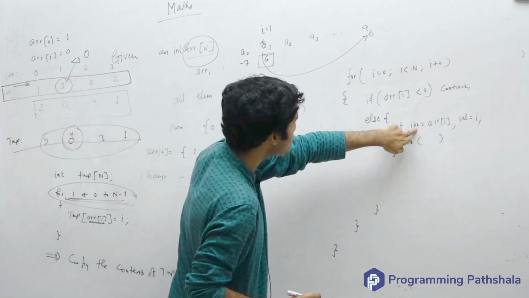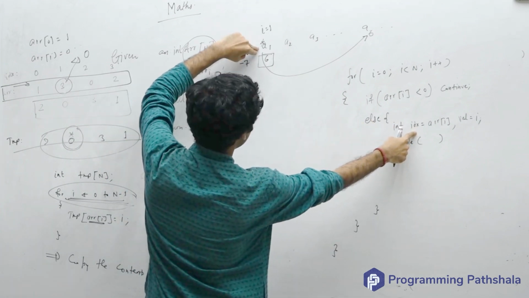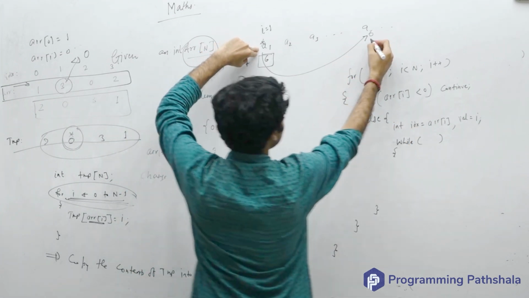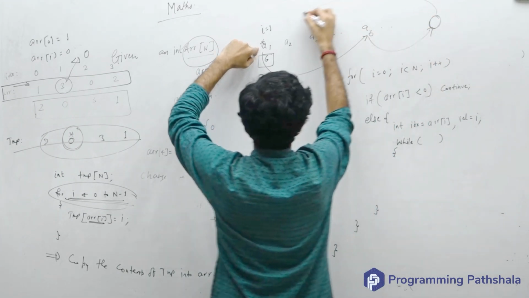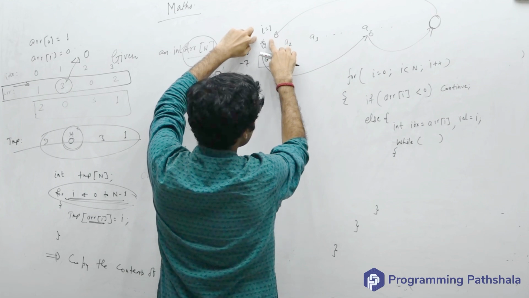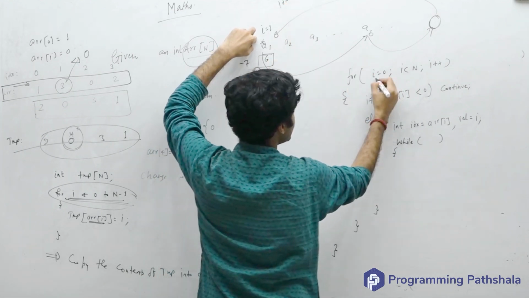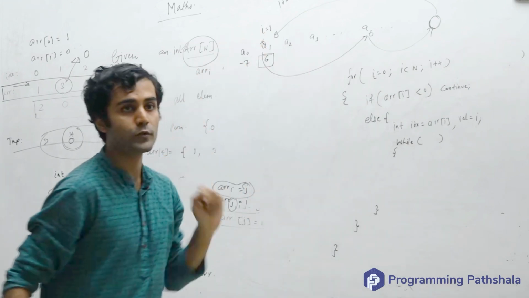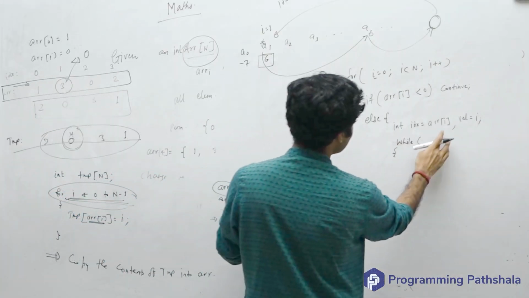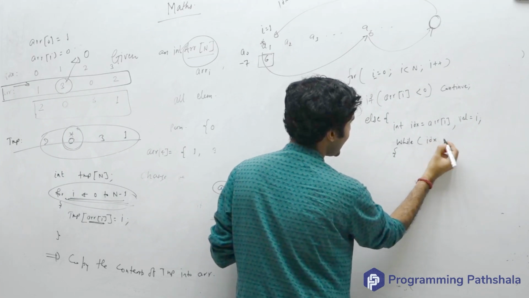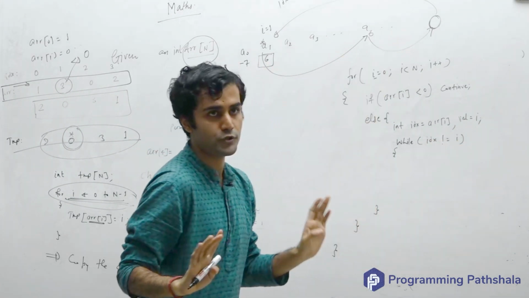See, this index always tells me the index where I have to move from the current index. Let's say you went from here, and at this point the value of index became equal to I. Whenever the value of index becomes equal to I, can I say that my cycle is going to get over? So can I have a condition that as long as the index where I have to go is not equal to I, I can just keep doing my job, right?